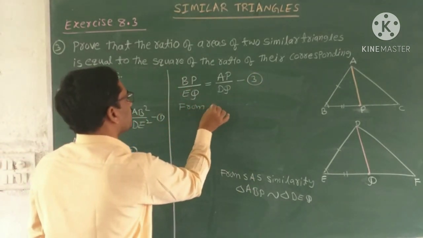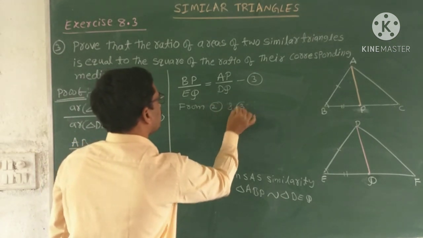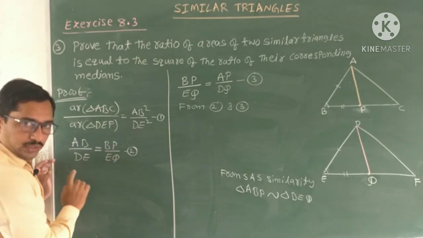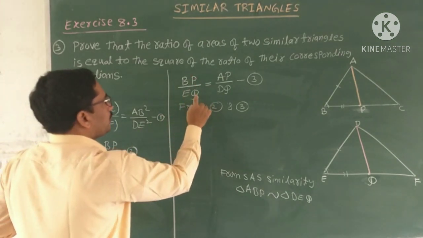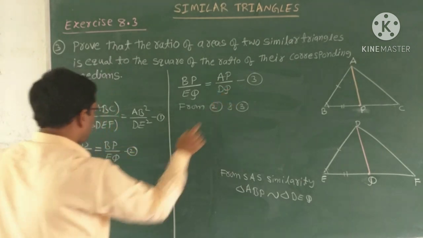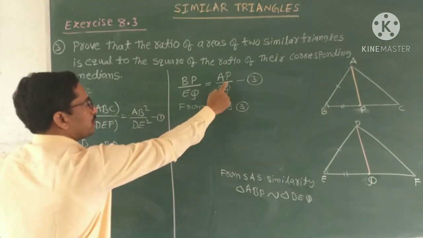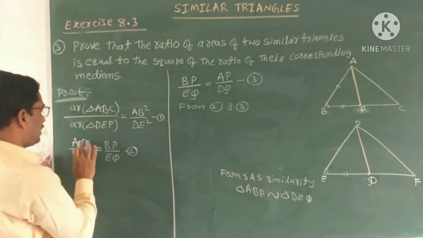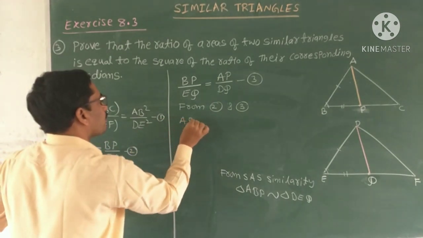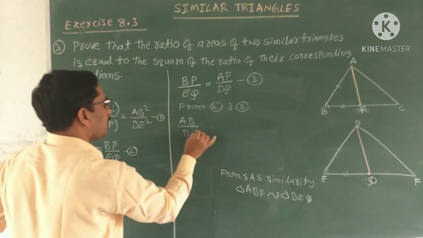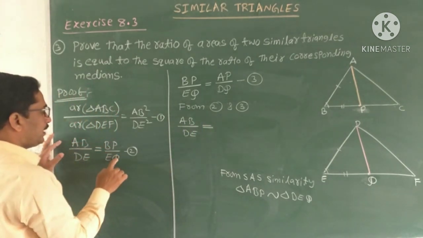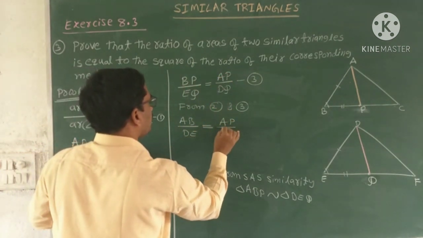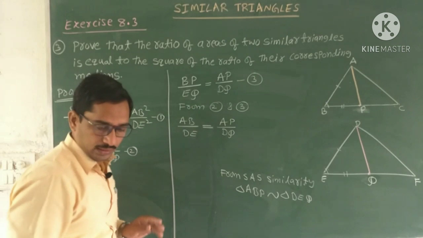From equations 2 and 3. See equation 2, AB by DE equal to BP by EQ. Equation 3, BP by EQ equal to AP by DQ. A equal to B, B equal to C, then directly A equal to C. So from equations 2 and 3, AB by DE is equal to BP by EQ, but BP by EQ value is the same as AP by DQ.